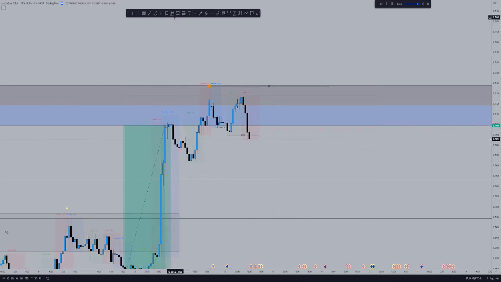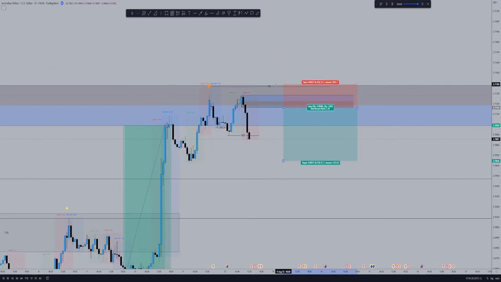So what we can do now is identify this right here as a valid order block to trade from. My strategy is to sell from the open of a supply order block and buy from the open of a demand order block.